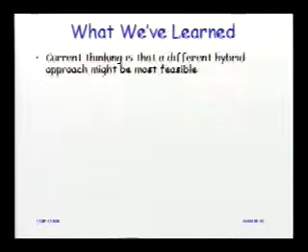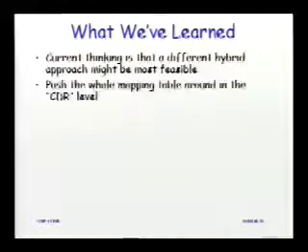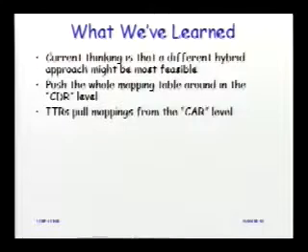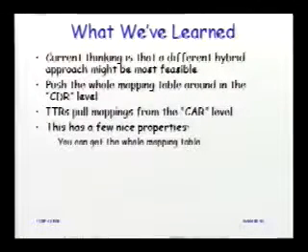One of the things we're currently thinking is that a different kind of hybrid approach might be of interest. Now, these are just ideas, right? Something like push the whole mapping table around at the highest level, and then let the ITRs pull the mappings from the CAR or maybe level 1 CDR meshes. That has a few nice properties, from my perspective anyway.